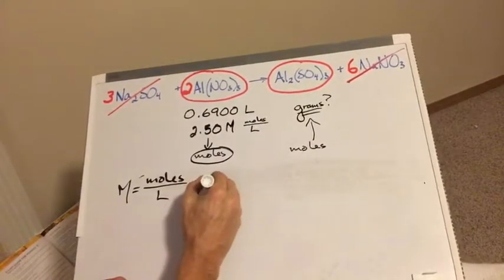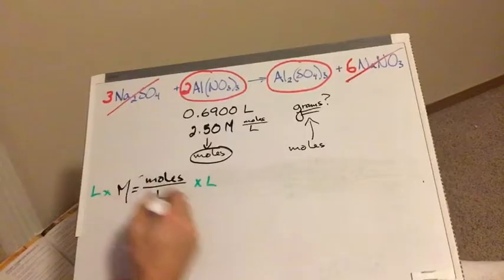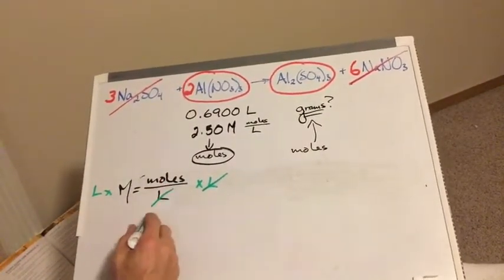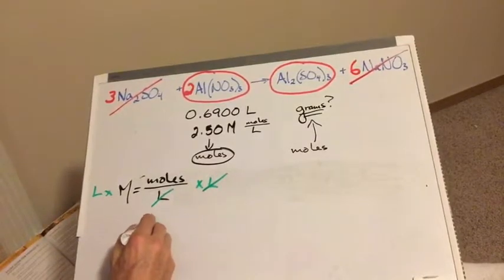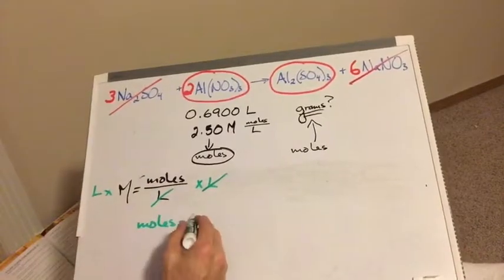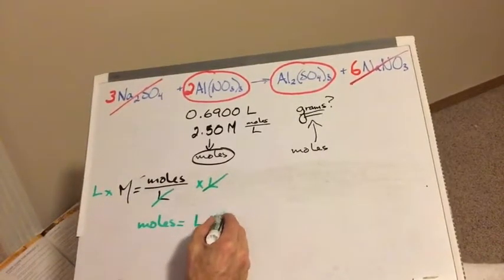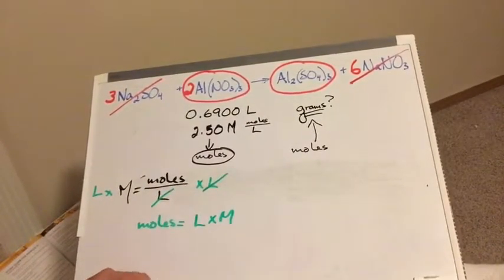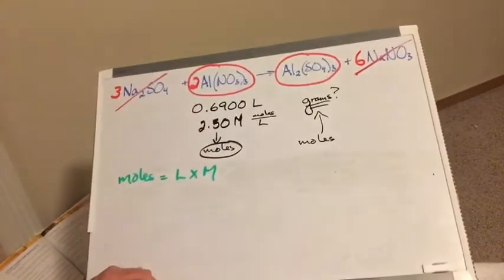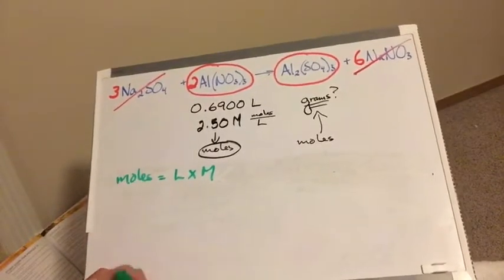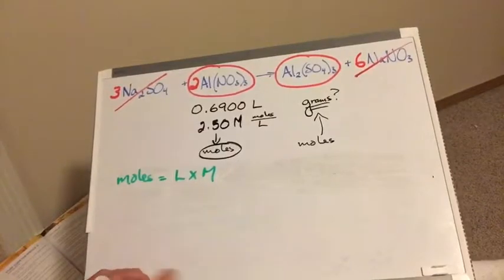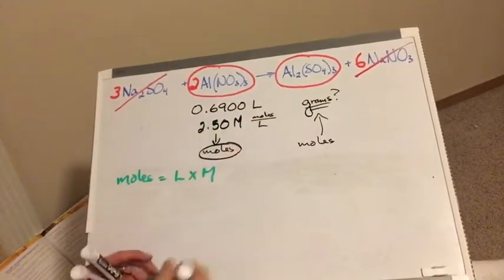Basically, if I multiply both sides by liters, that's going to allow me to cross out the liters on this side, and that's essentially going to give me moles equals liters times molars. Everything else has been crossed off. So I've got that equation I can work with. I did a little erasing, but I've got that newly revised formula here. Moles equals liters times molars.